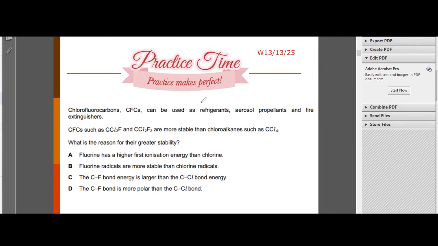Okay, what's the answer? The answer is C.